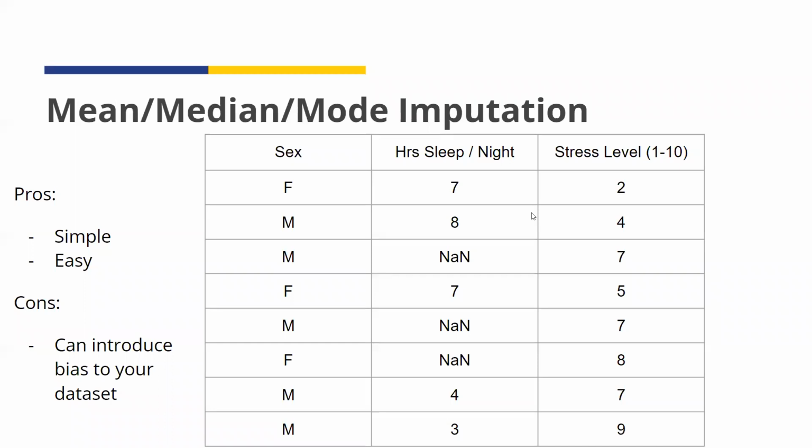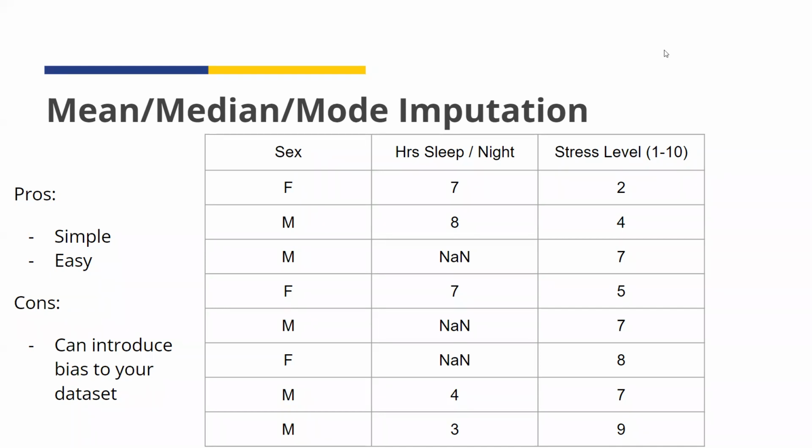As far as imputation goes, there's a pretty simple way to do it where we just take either the mean, median, or mode, or some other principal statistic of a certain category, and we impute that for every missing value of that same group. What that means is, say for example, we have this table here, which contains a bunch of different people, and each of them has a sex associated with them, as well as the number of hours of sleep they got during the night and their relative stress level.